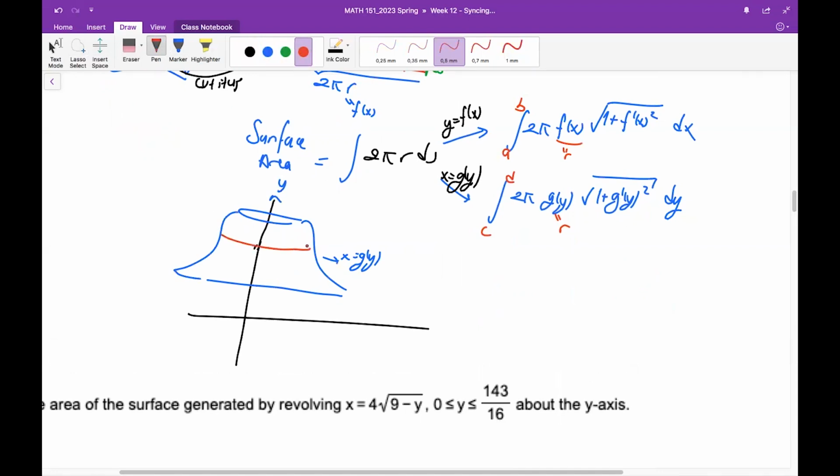You put your thin cylindrical strips like this, where this is again the height of the cylindrical strip, and where the radius is here.